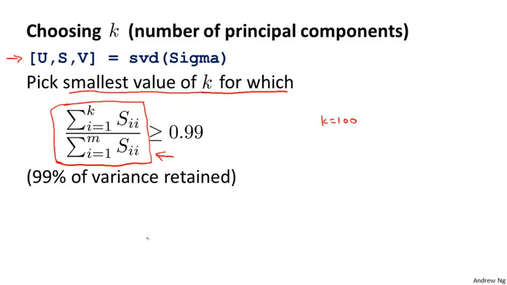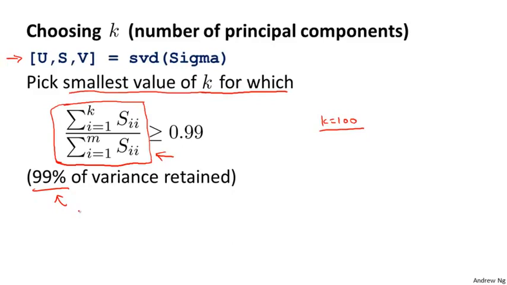If you report that number, then people familiar with PCA can use this to get a good understanding of how well your 100-dimensional representation is approximating your original data set, because 99% of variance retained is really a measure of your squared reconstruction error, that ratio being at most 0.01. It just gives people a good intuitive sense of whether your implementation of PCA is finding a good approximation of your original dataset.